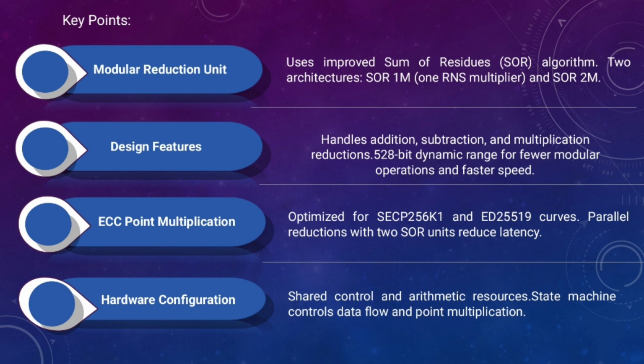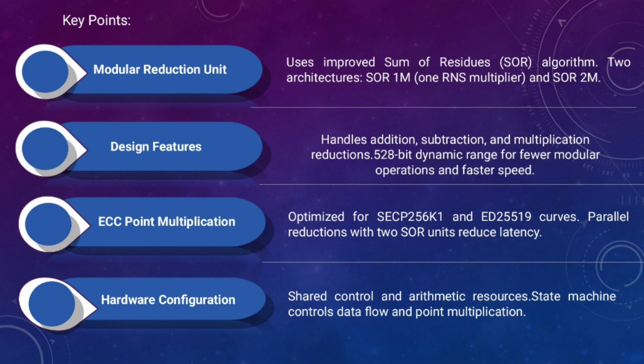Our RNS-based ECC design features a modular reduction unit that leverages and improves the sum of residues reduction, which is available in two architectures, SOR1M with one RNS multiplier and SOR2M with two parallel RNS multipliers. This setup efficiently handles addition, subtraction, and multiplication followed by reduction using a 520-bit dynamic range, which minimizes the number of required modular operations and increases computation speed.